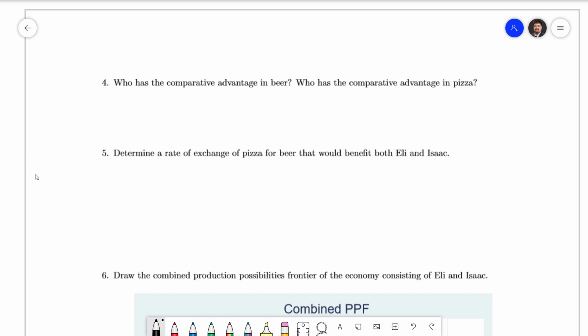Every beer costs Eli 5 pizzas, every beer costs Isaac 10 pizzas, so Eli has the comparative advantage in beer. His opportunity cost is lower. Comparative advantage for pizza, Eli's is 1/5, Isaac's is 1/10, so Isaac has the comparative advantage in pizza.